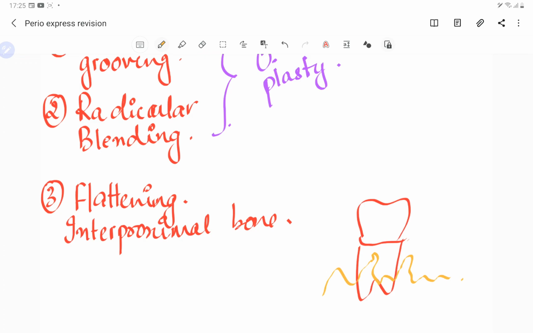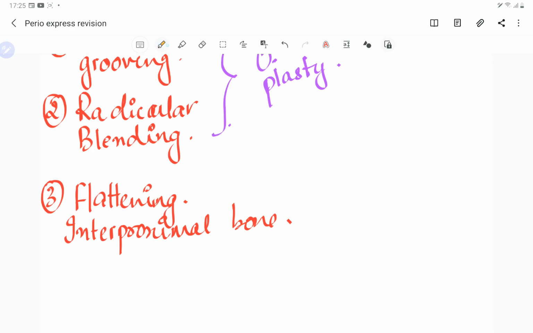You take a burr and nicely make it straight. That is flattening the interproximal bone, our third step of the technique of resective osseous surgery.